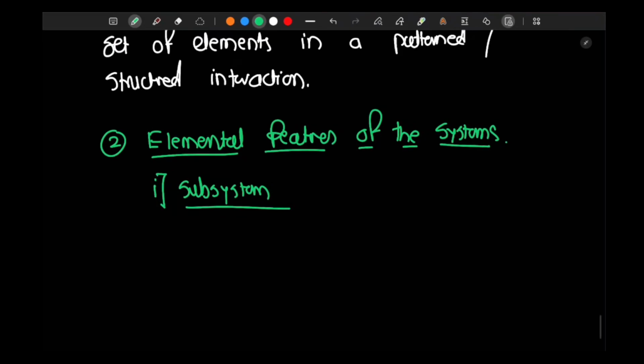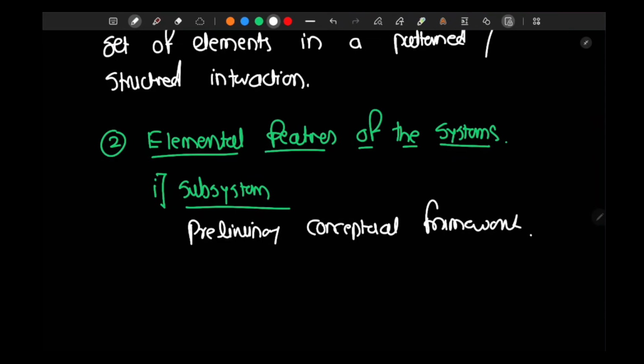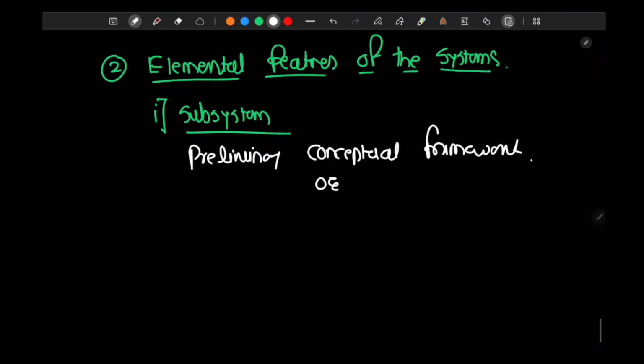Subsystem basically is a preliminary conceptual framework, or with respect to political science, it is a hypothesis. It is a preliminary conceptual framework or hypothesis.